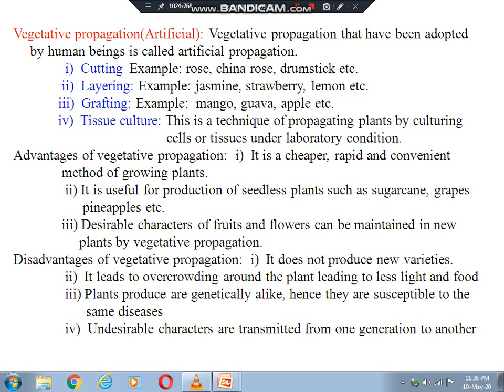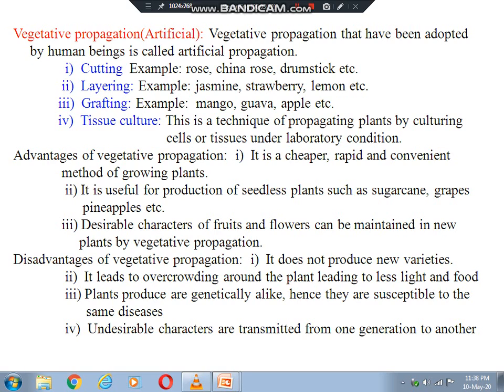I think you can understand the meaning of this point. Then number 2, it is useful for production of seedless plants such as sugarcane, grapes, pineapples. That means the plants which do not produce seeds, they can be propagated by using vegetative propagation.